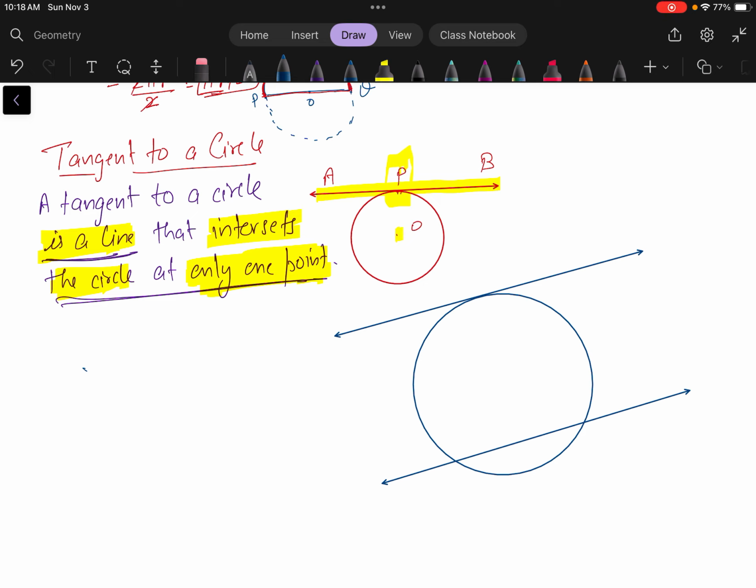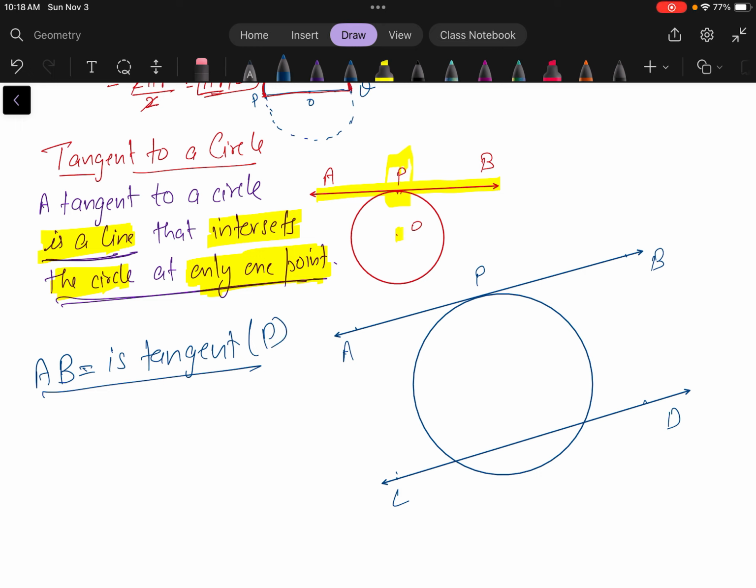This is line AB, and this line is C and D. So this is A, this is B, this is C, and this is D. And this line is intersecting the circle at point P, at only one point. So we will say AB is a tangent line, intersecting at a point P.